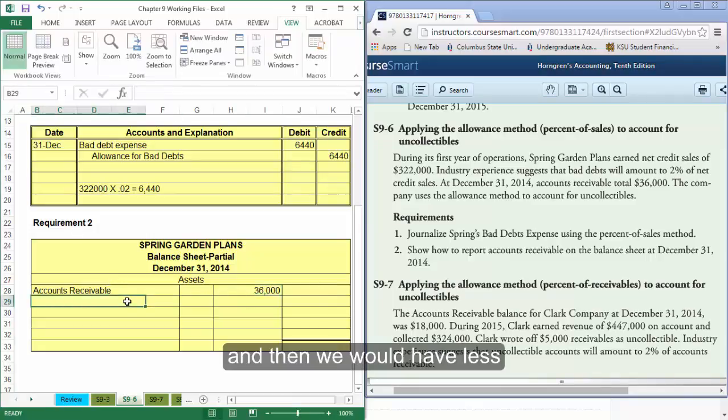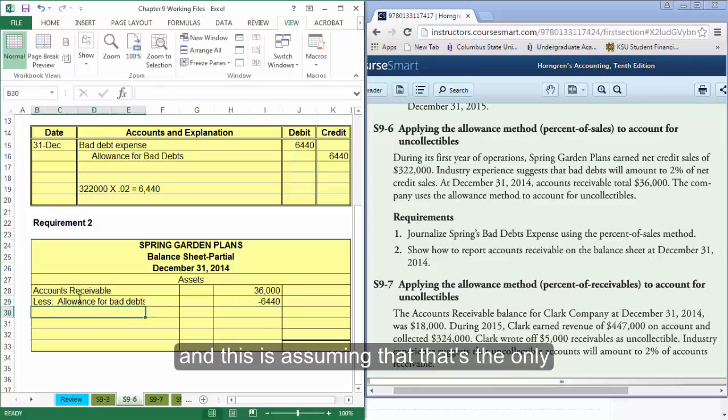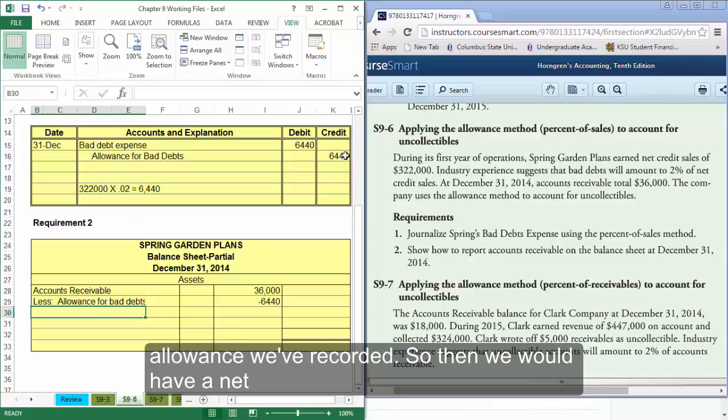And then we would have less that allowance for bad debts, and this is assuming that that's the only allowance we've recorded. So then we would have a net of the two.